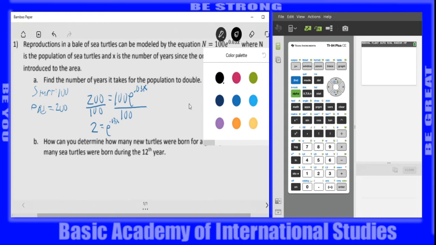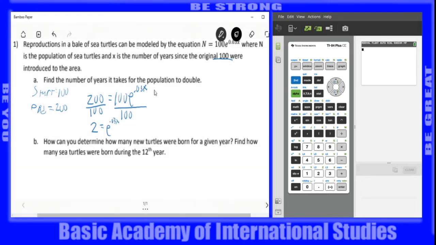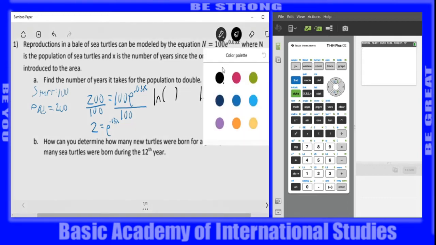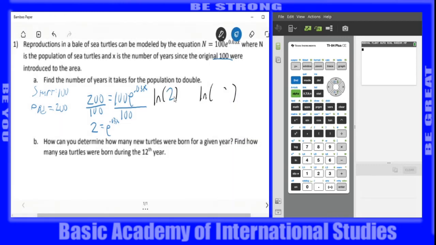So we're going to solve this by taking the natural log on both sides. The first one is going to be the natural log of 2. And the second part is going to be, once again, e to the power of 0.03x.